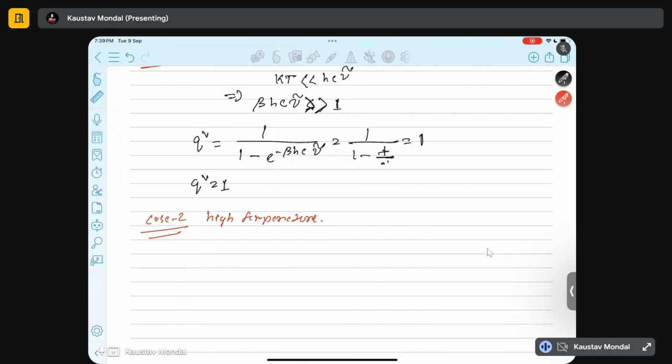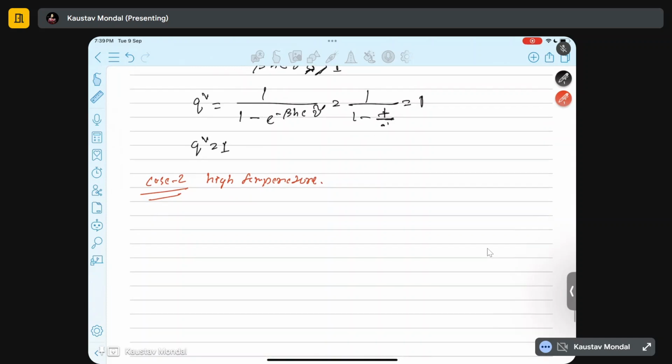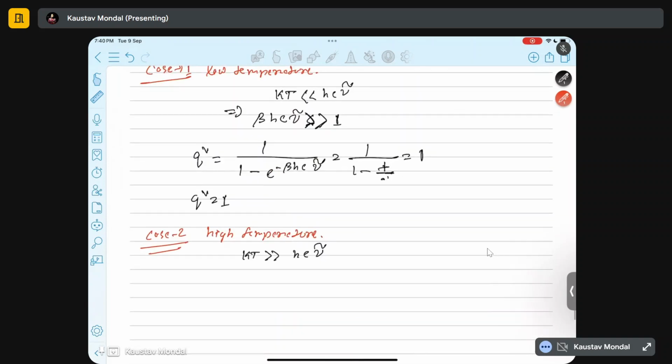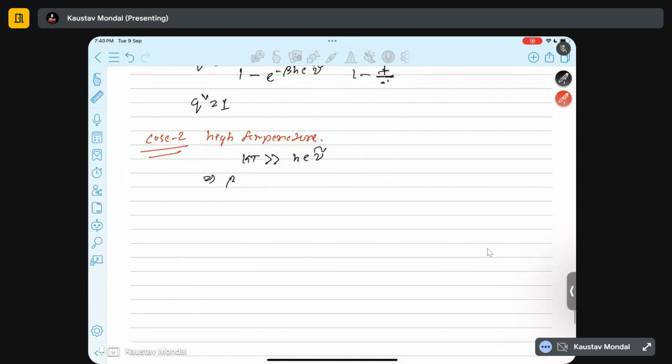So for the high temperature case, KT would be greater than or equal to HC nu tilde. So that means beta HC nu tilde would be smaller than 1.